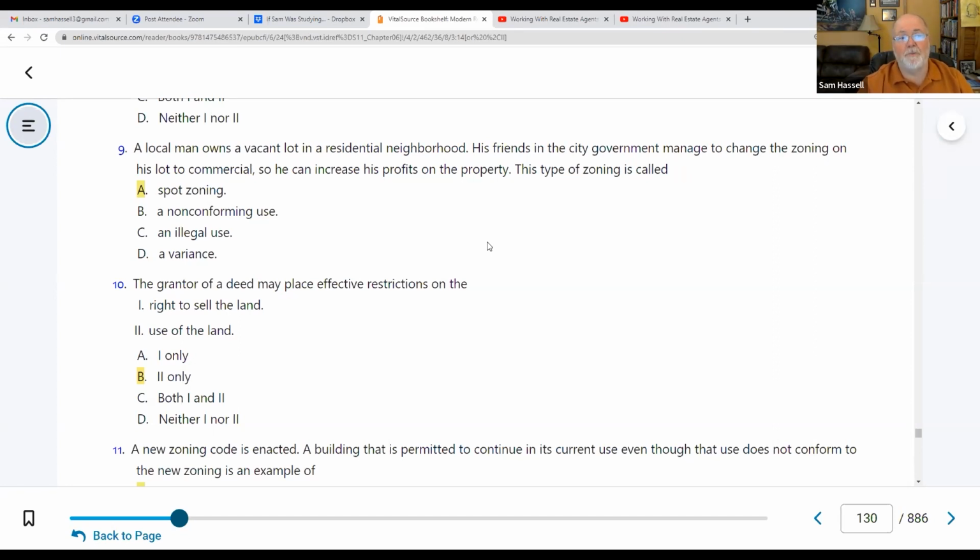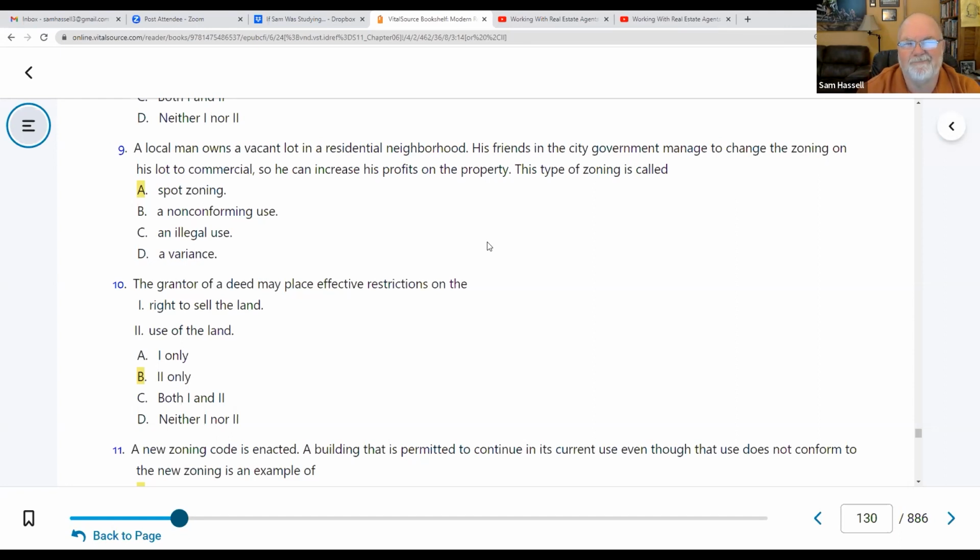Now, if you put down that this would be an illegal use, I could understand how you answered that, okay? But he didn't do anything illegal. It was a vacant lot. And he went in and applied. If you go in to apply to the city government and say, okay, I want to put a grocery store here and I have a need, whether they're my friends or not, if they're going to pass me through, then obviously they're my friends.